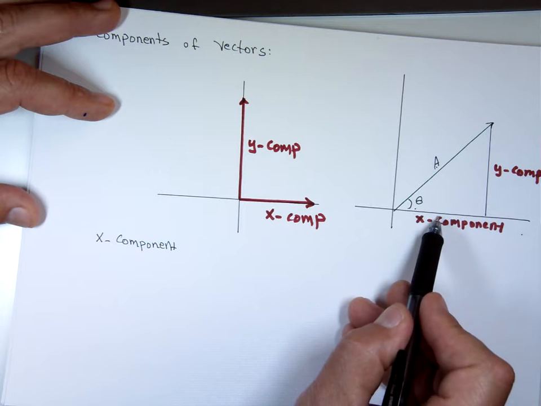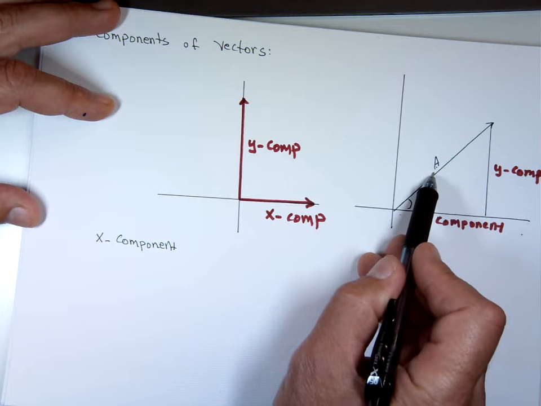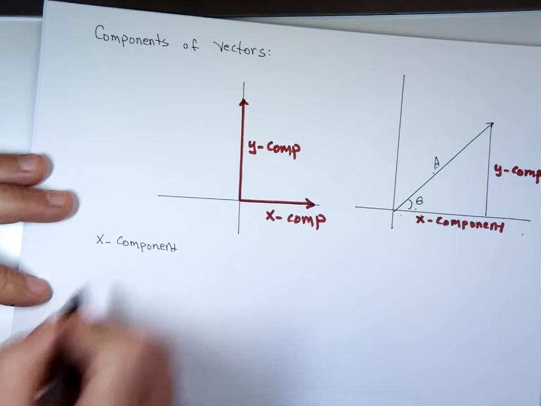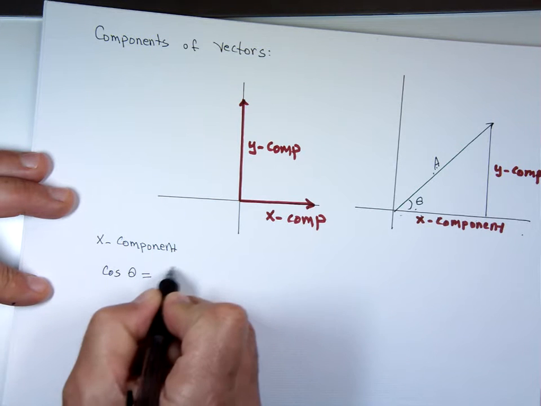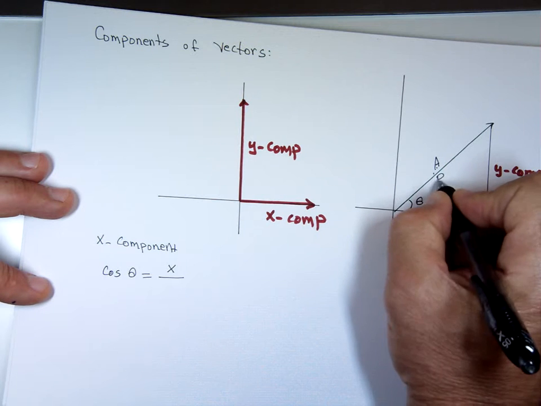So this side is what? Opposite or adjacent? Adjacent. This is what? Hypotenuse. Which trig identity has adjacent over hypotenuse? Cosine. The adjacent, which is x, over the hypotenuse, if you want to call this r or c, whatever you want to call it.